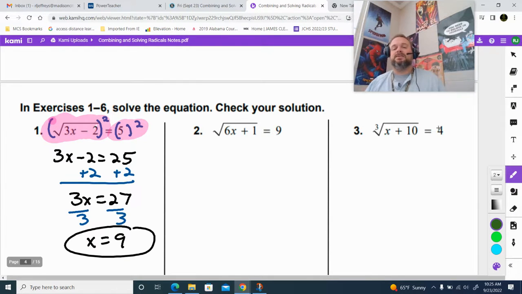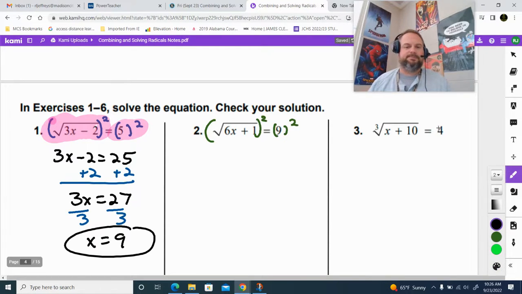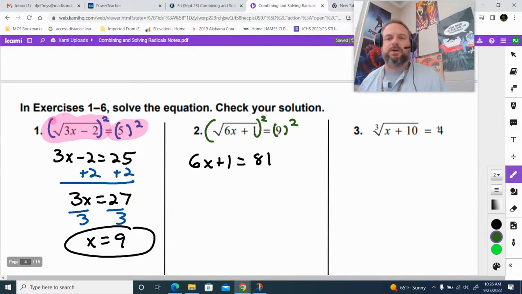Number 2, it's already isolated, so I need to square both sides. Square, square. So I get 6x plus 1 equals 81. I would subtract 1.